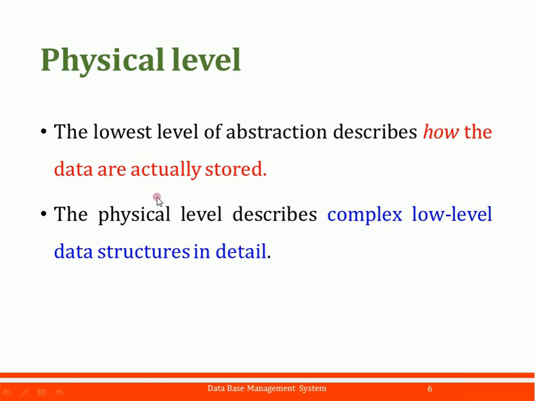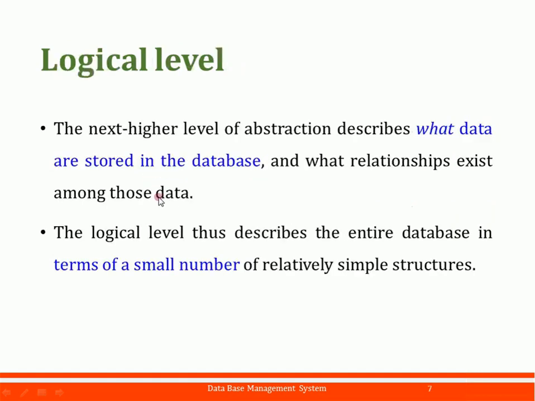The next level above this physical level is the logical level, which has some level of abstraction, that is, some details are hidden, like the physical storage. This describes only what data is stored in the database and what relationships exist among these data.